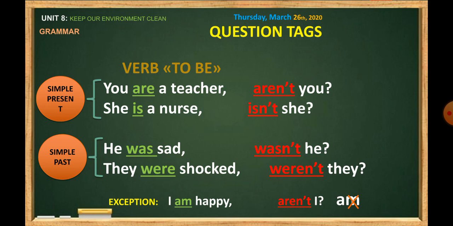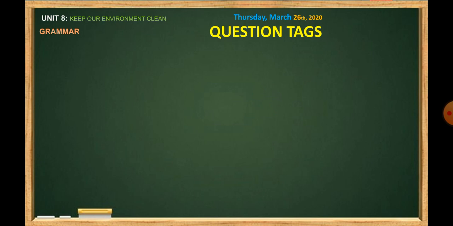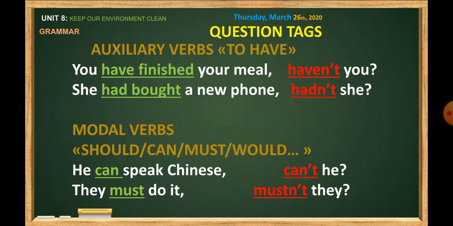It may sound weird and strange to you, but this is how it's done in English. This is the rule. So let me repeat. When you have I am in the statement, the question tag is formed using aren't. Okay? Aren't I? Not am.